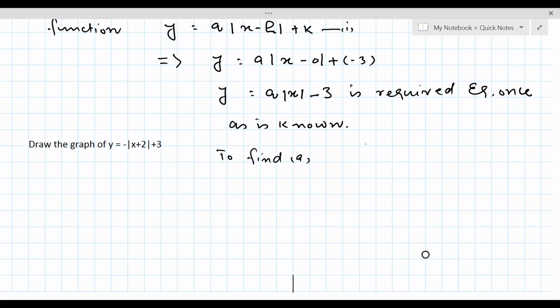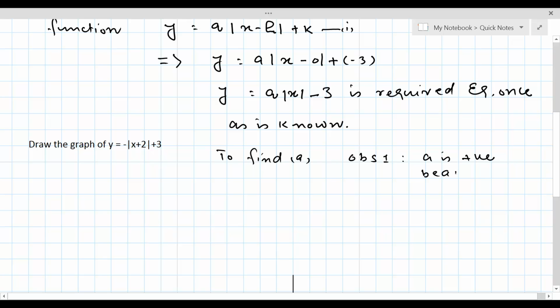To begin with, our observation 1 is that it opens upward. A is positive because the graph opens upward. So that is the first sign that the value of a is positive.